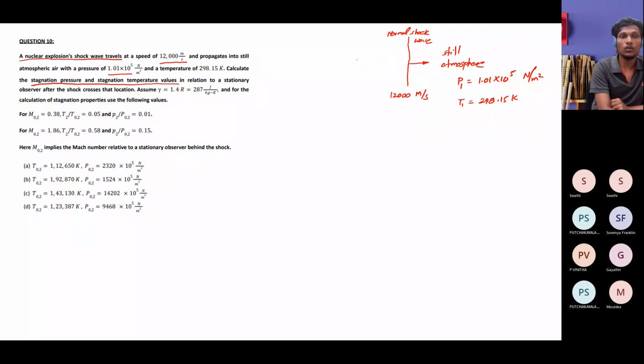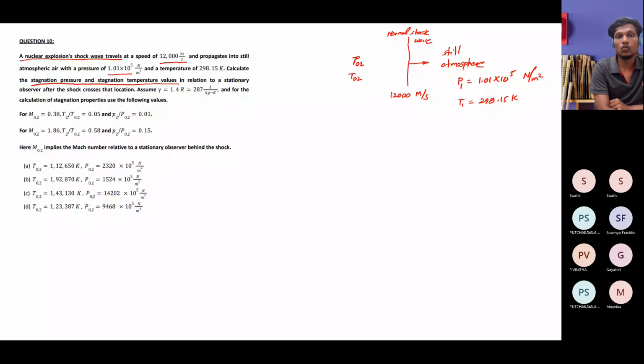So here we need to find out P02 and T02, because they are asking for the stagnation properties.